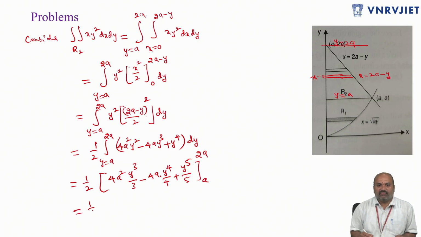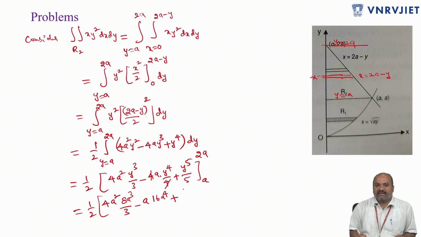Now this is equal to 1 by 2. Let's simplify this. Instead of y, we substitute 2a and a. It is 4a square into y cube, 2a cube is 8a cube divided by 3, minus, this 4 and this 4 cancel, a into y power 4, that is 2 power 4 times a power 4, it is 16a power 4.